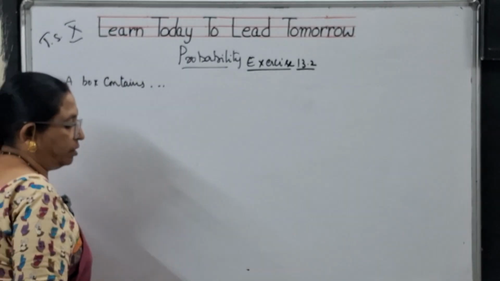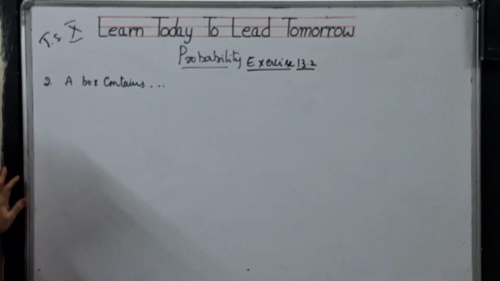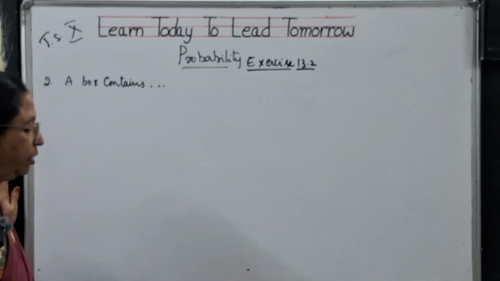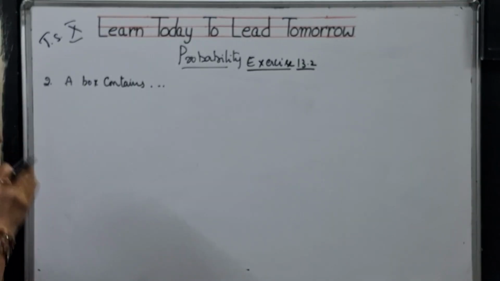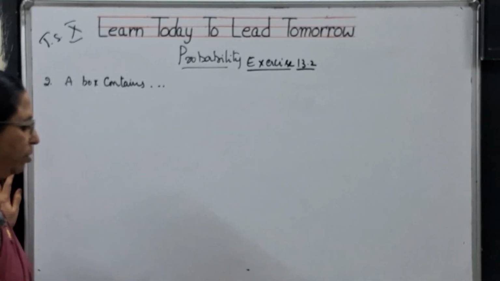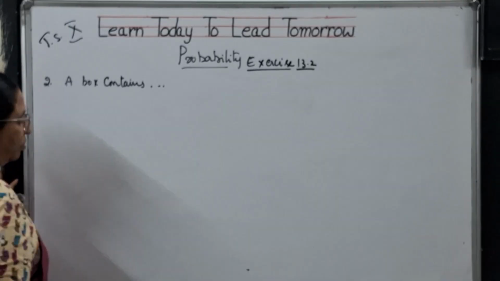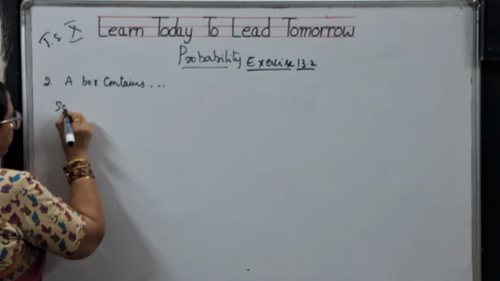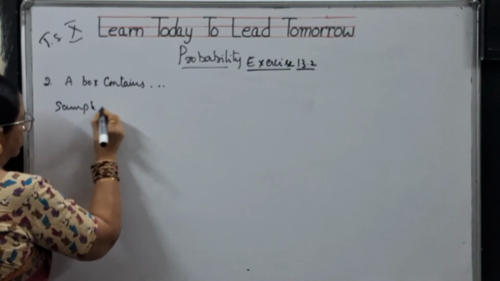A box contains 5 red marbles, 8 white marbles, 4 green marbles. One marble is taken out of the box at random. What is the probability that the marble taken out will be red, white, or not green? So, what is the sample space, children?